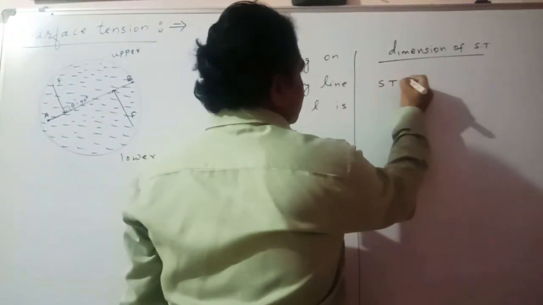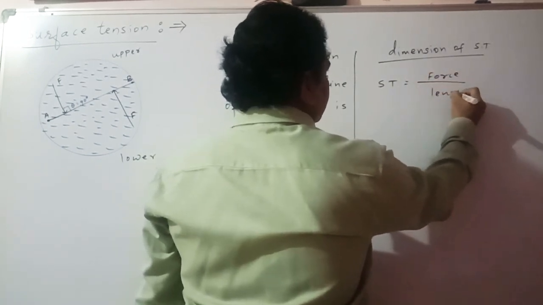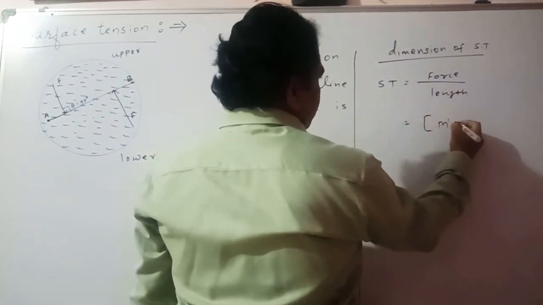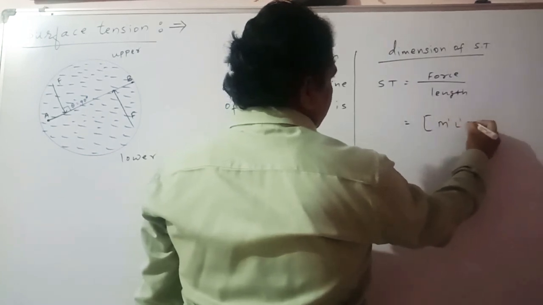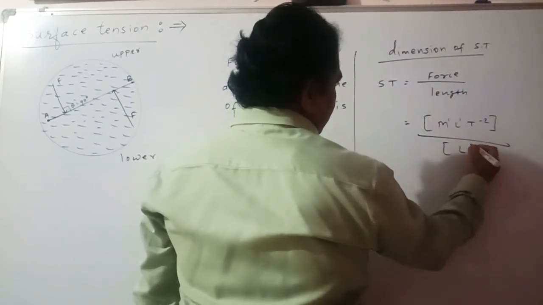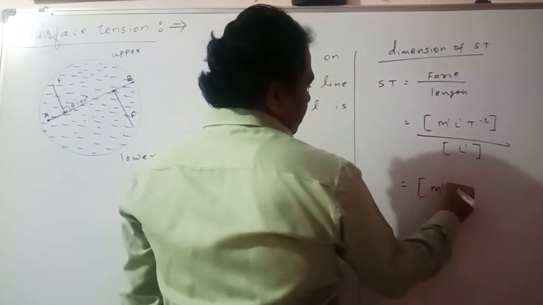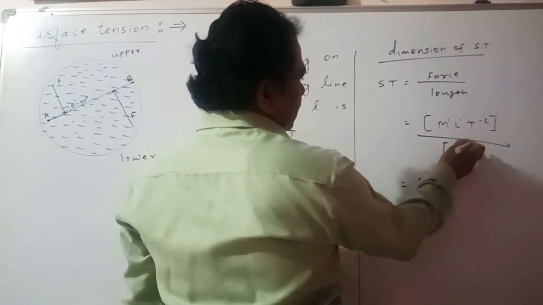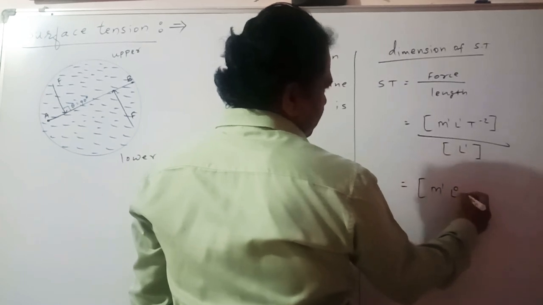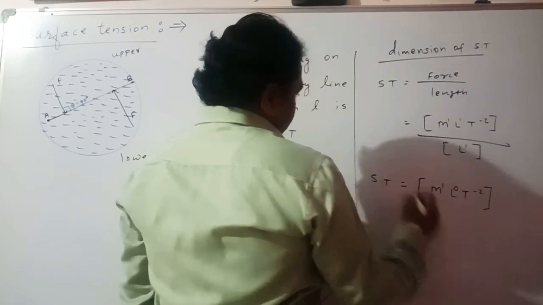So surface tension has the formula force upon length, and we know the dimension of force is M to the power 1, L to the power 1, T to the power minus 2, and the dimension for length is L to the power 1. So here M to the power 1 stays, L to the power 1 divided by L to the power 1 becomes L to the power 0, and T to the power minus 2 is as it is. So this one is the dimension of surface tension.